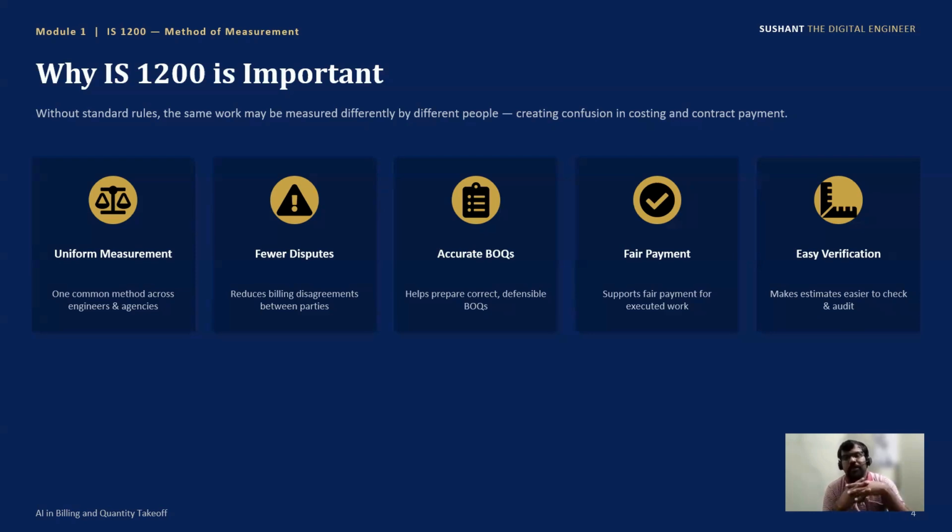Then easy verification. If you measure using the guidelines of IS 1200, it makes it easier to check and audit. So this is the importance of IS 1200 for the billing engineer.